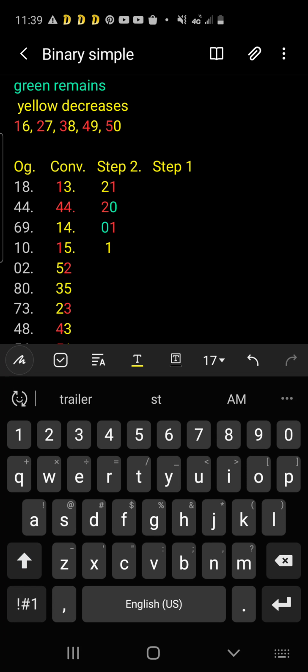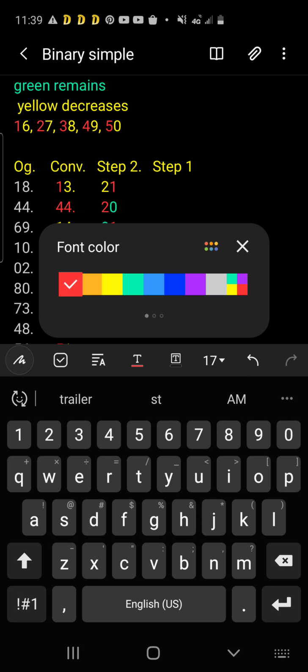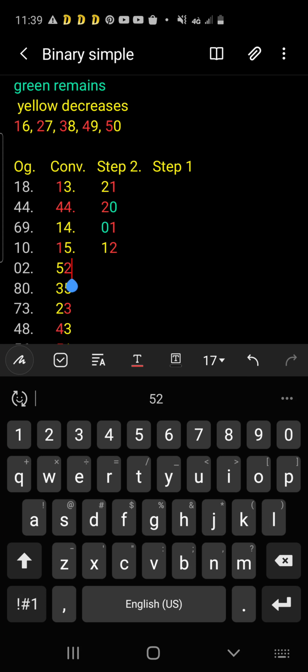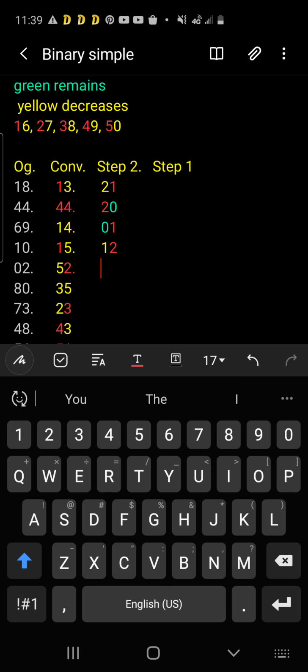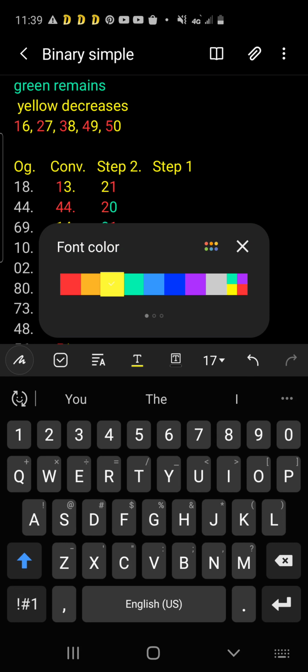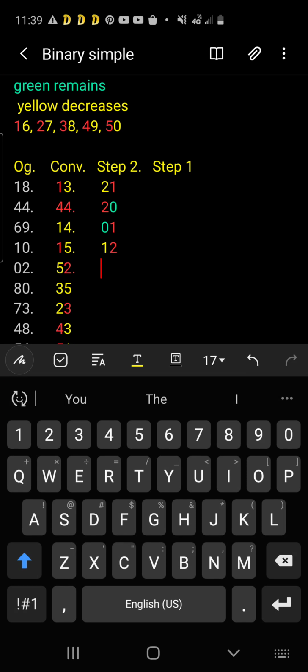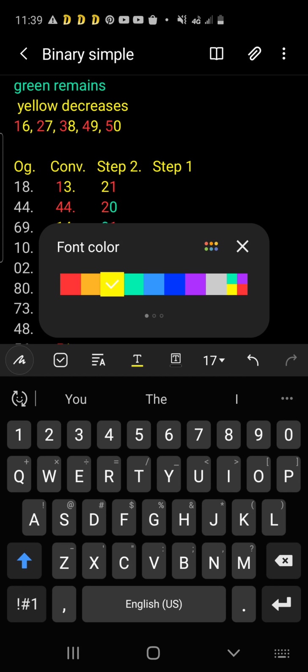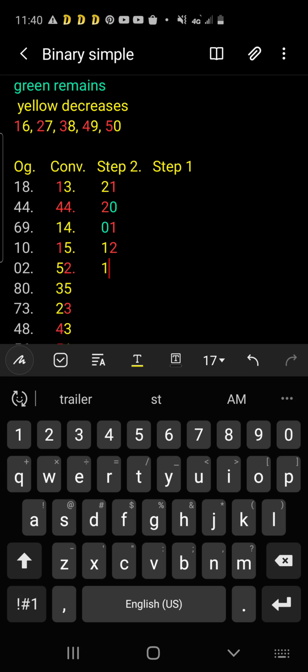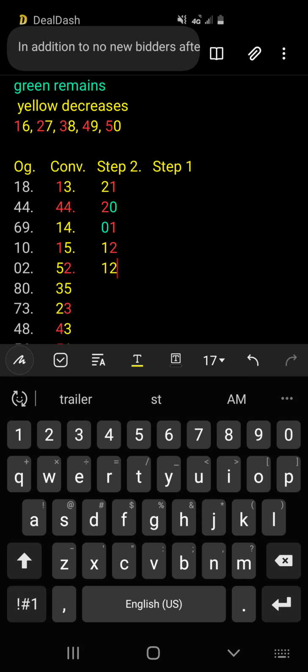And 5 to the 2 is a red 2. 1 to 5 is a yellow 1. And 2 to the 5 is a yellow 2.